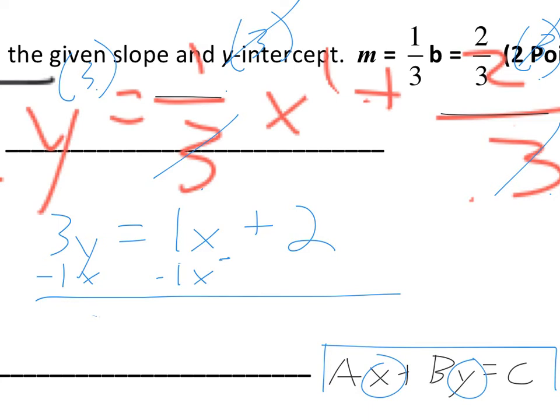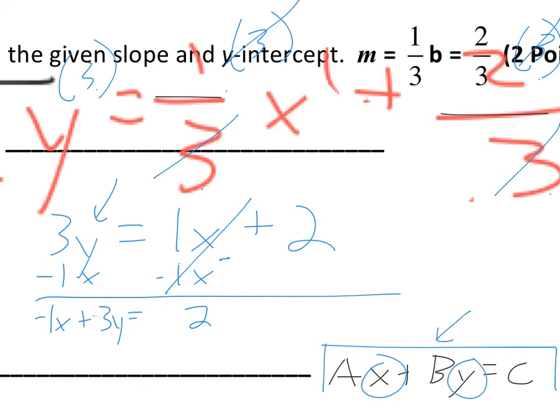Because what will happen? They'll cancel out from the right side, which is what I want, and it'll show up on the left side. Careful here with how you write this. I'm going to list it as negative 1x plus 3y, just so it looks more like my form that I'm trying to get to.